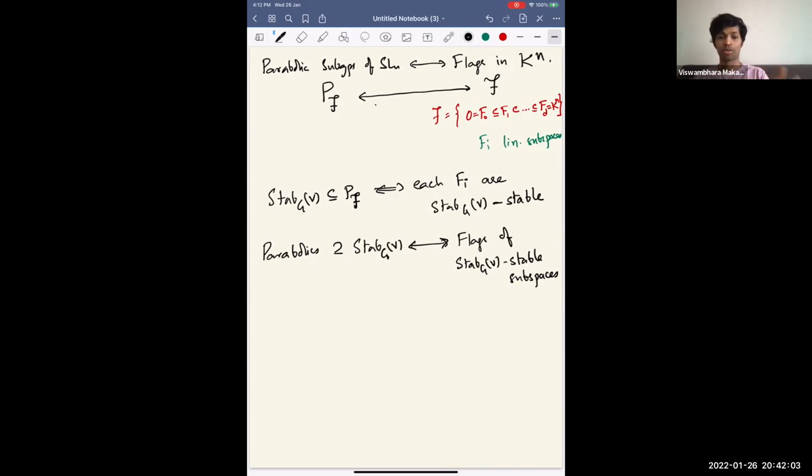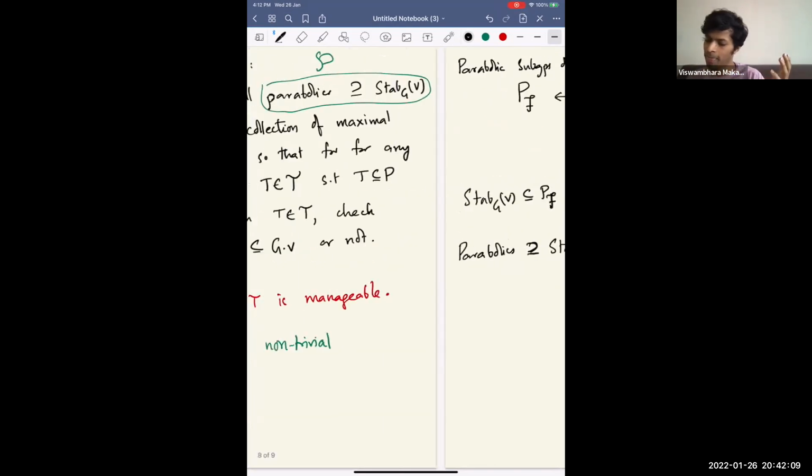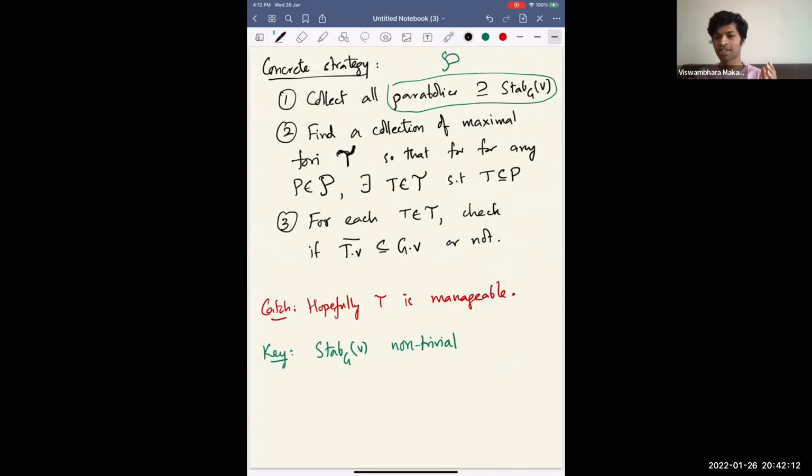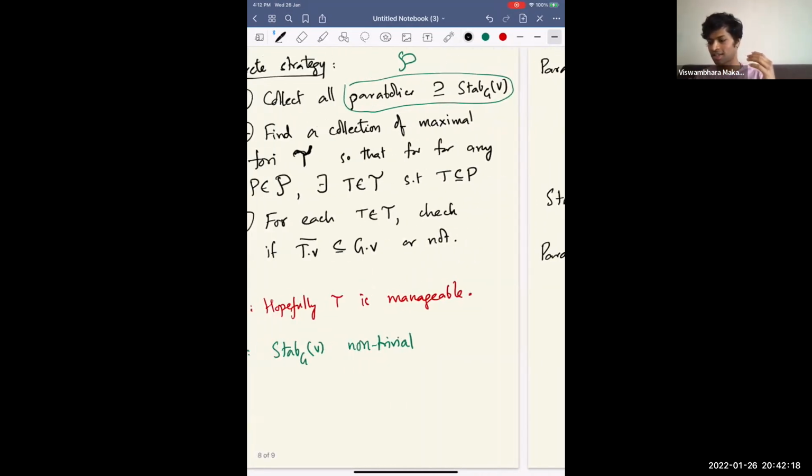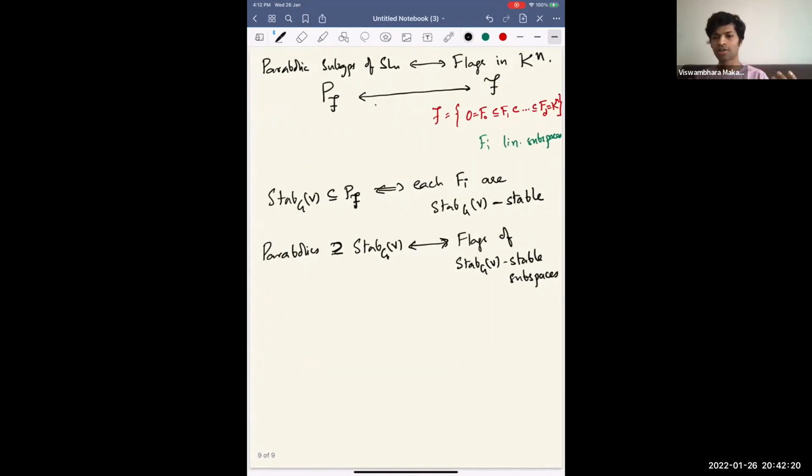But what I want to really point out is, I'll pull back again. The first step was to collect all parabolics that contain the stabilizer. And if you want to understand all parabolics that contain the stabilizer, then you're basically down to understanding all the flags of subspaces that are stable under the stabilizer.